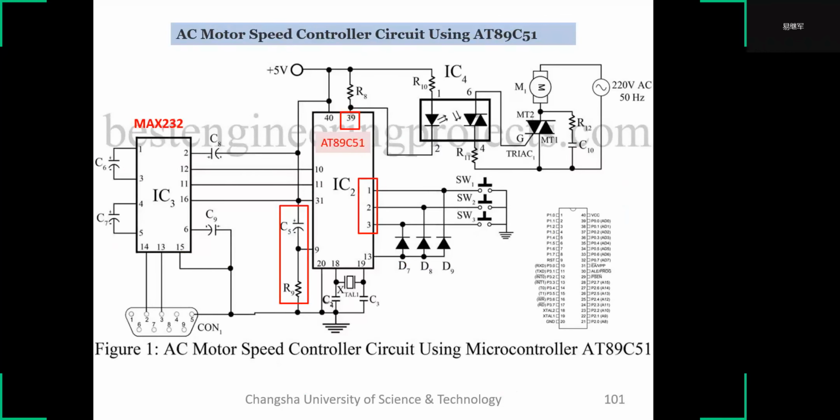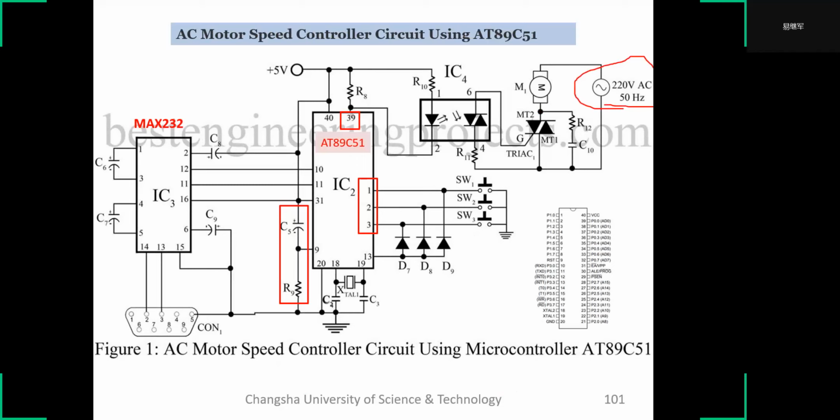This is an example of an AC motor speed controller circuit. This is just a single phase AC motor.